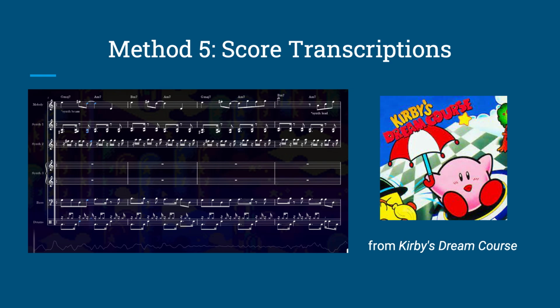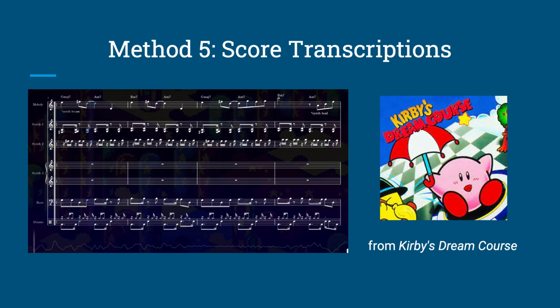And finally, the last method is score transcriptions, and these tend to be a little bit less accessible. I don't think there are a whole lot of them compared to the other sources, aside from form charts. But here you have the music represented in full score notation.